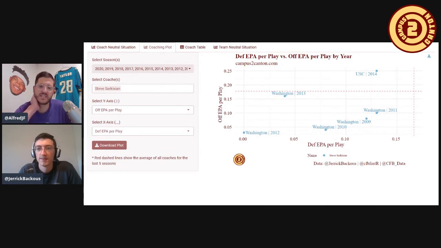What do you see here? Because I think everyone's expecting Sark to go to Texas and revitalize their offense in the same way he just dominated at Bama last year. He's known as an offensive guy, but this tells us a different story. Right. What I'm seeing is, well, he had both a bad offense and a bad defense while at Washington for sure.